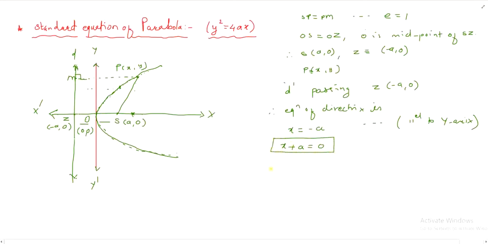Now, if you remember that in 11th standard we learned about finding the perpendicular distance of a line from a point.